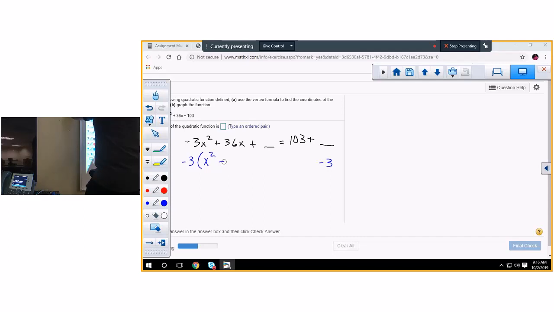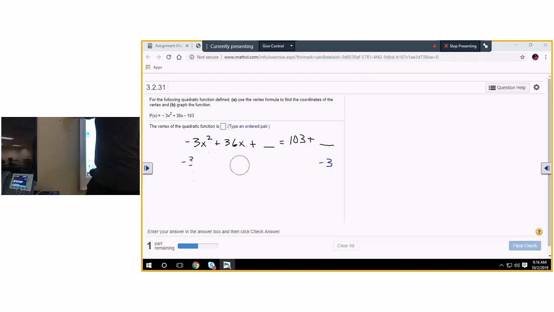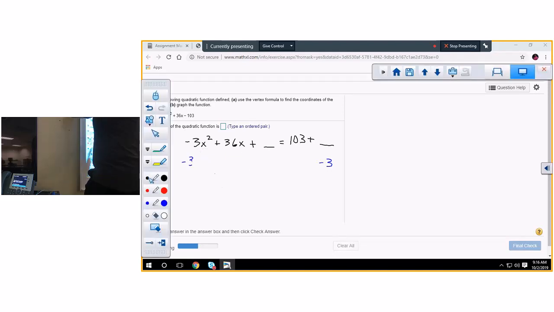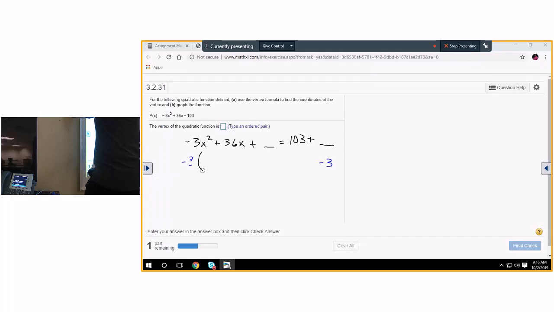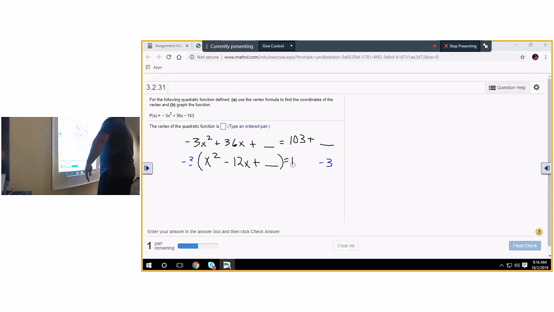What's 36 divided by 3? 12. This was supposed to be black. There. X squared minus 12x plus blank is equal to 103 plus negative 3 times blank.